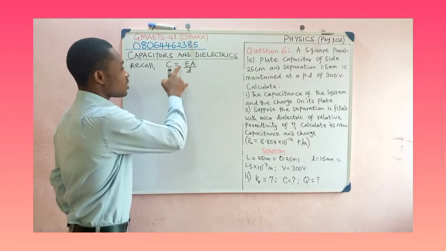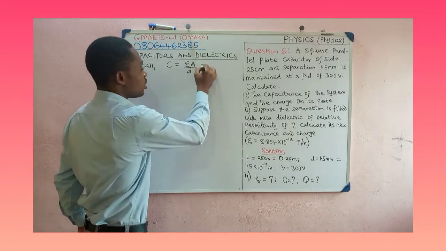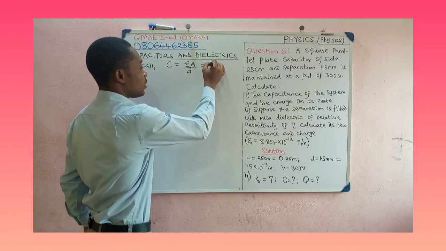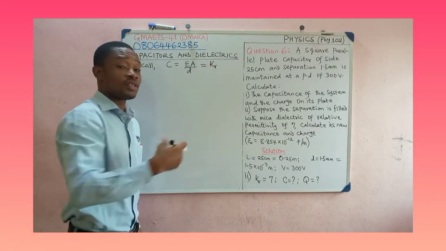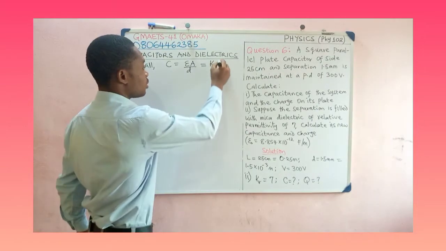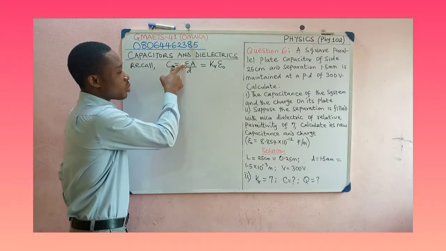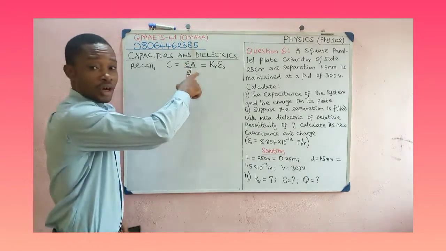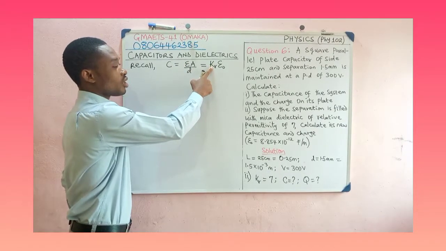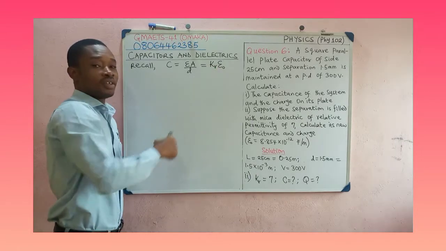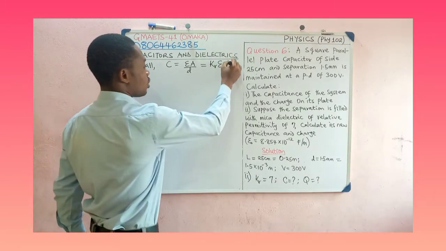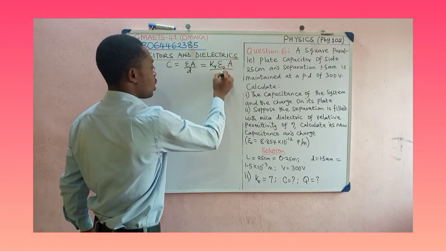But we know that the permittivity of the material is equal to the relative permittivity, that is the dielectric constant of the material, times the permittivity of free space. So we replace this permittivity of mica with the dielectric constant of mica times the permittivity of free space.